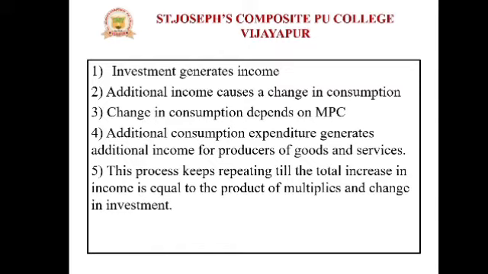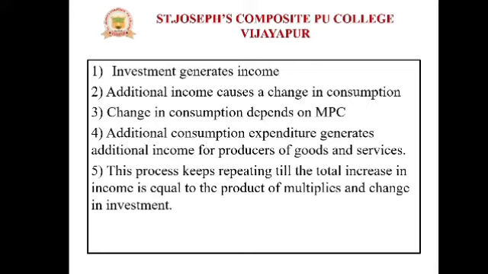That means under this first principle, investment generates income, because as you know, this multiplier mechanism mainly depends upon what? Income. So here investment generates what? Income. Second one, additional income causes a change in consumption. Additional income means what?